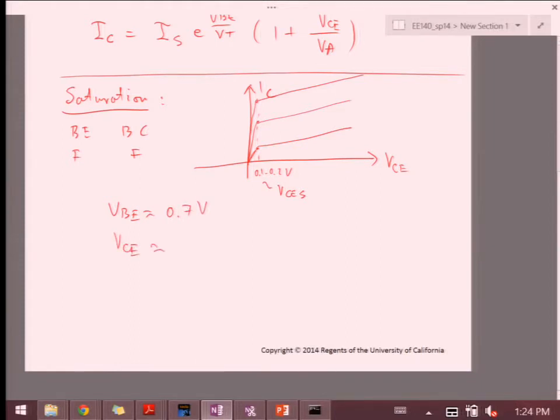VCE is going to be somewhere between 0.1 to 0.2 volts, which is the onset of the forward biasing of that base collector junction. And really, currents will be set by KVL and KCL and the outside biasing components. So you'll no longer have the beta factor between the base and the collector, but the base current will be whatever the currents on the emitter and collector are, right? Okay.